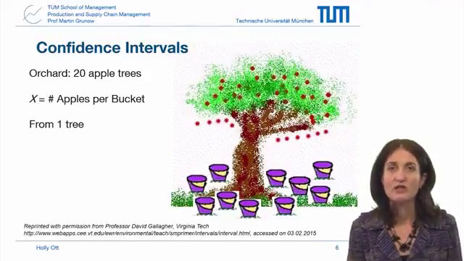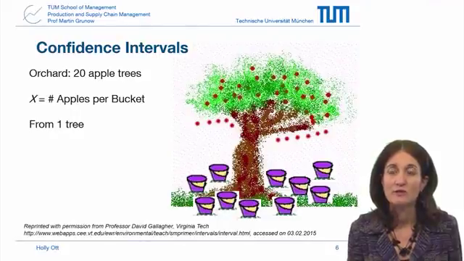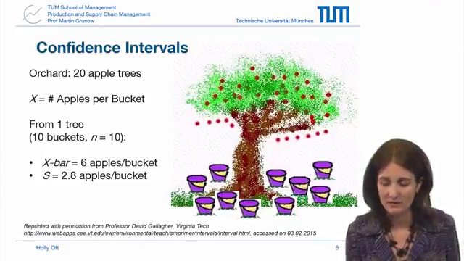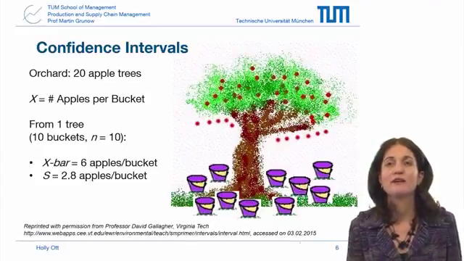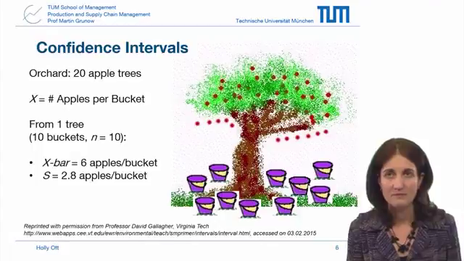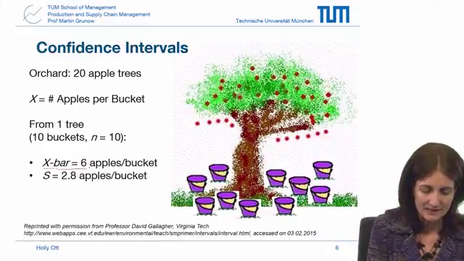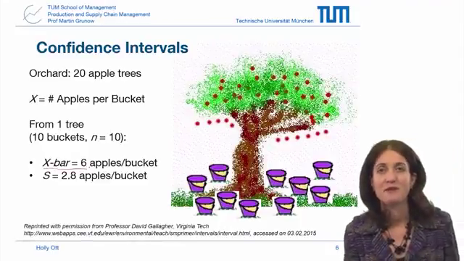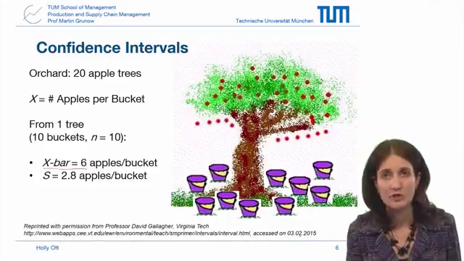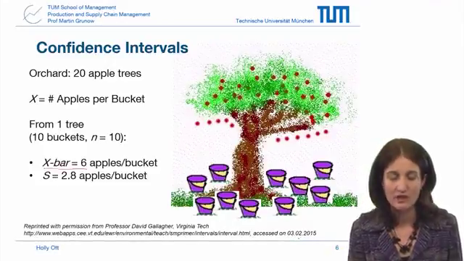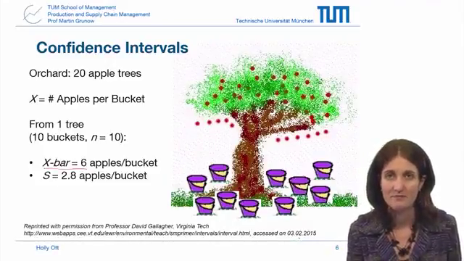So let's look at what happens when we look at just one tree. From the 10 buckets, we find a sample mean, x bar, the total number of apples divided by 10 buckets, to be equal to, in this case, 6 apples per bucket. And we can calculate from our sample tree a standard deviation s of 2.8 apples per bucket.